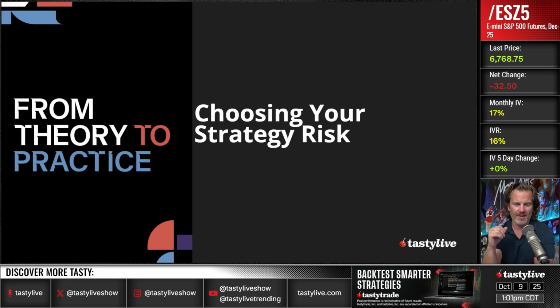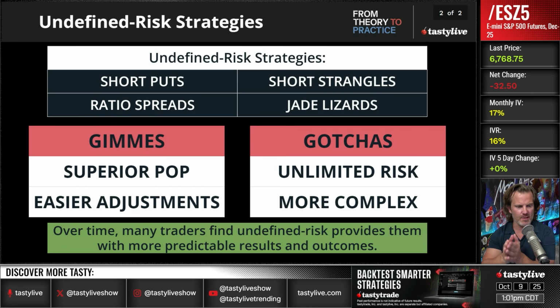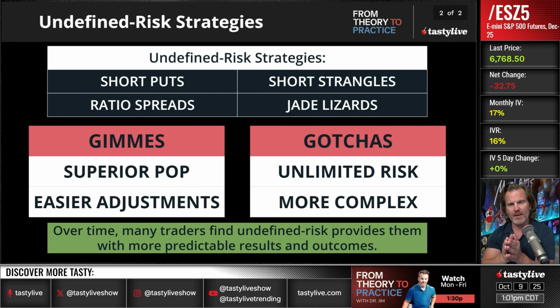So Ryan, go ahead and bring us into the information there. So undefined risk strategies. Again, this is not an exhaustive list. This is not intended to be all of the undefined risk strategies that are out there, but short puts, short strangles, ratio spreads, and jade lizards. These are probably the 4 most popular undefined risk strategies that we utilize here inside of the Tasty Network.